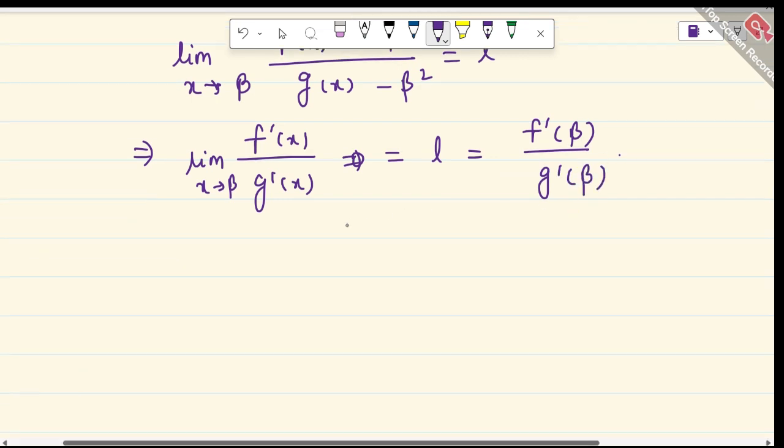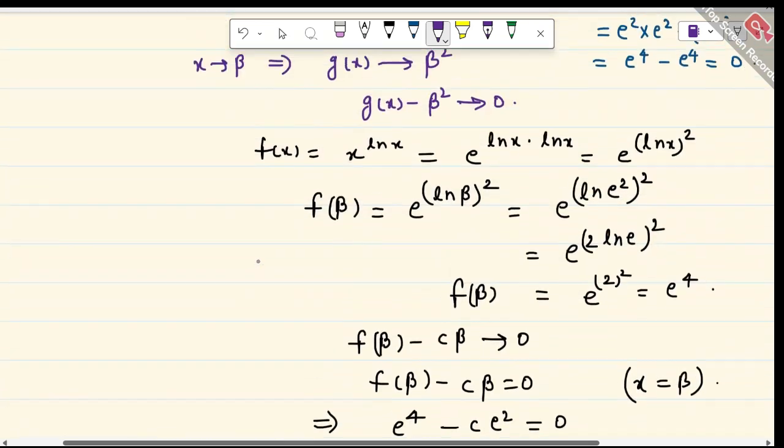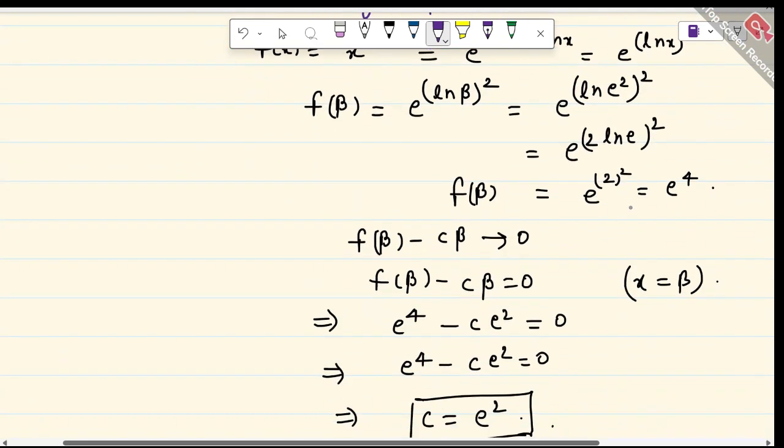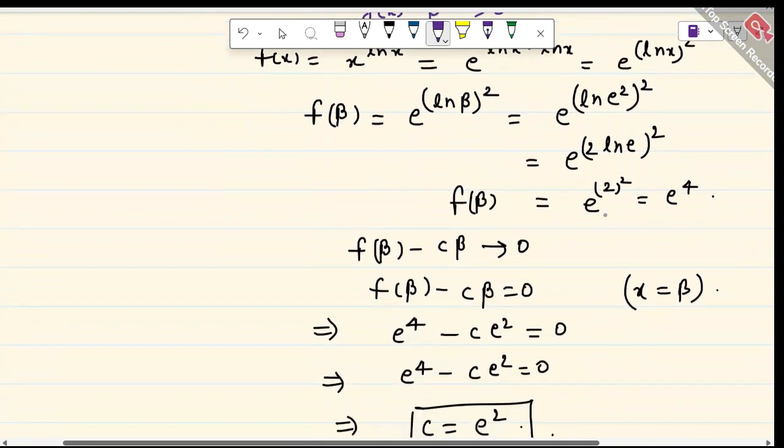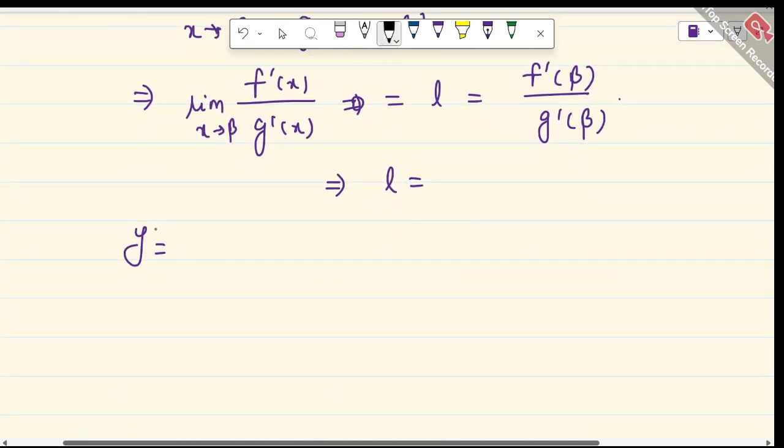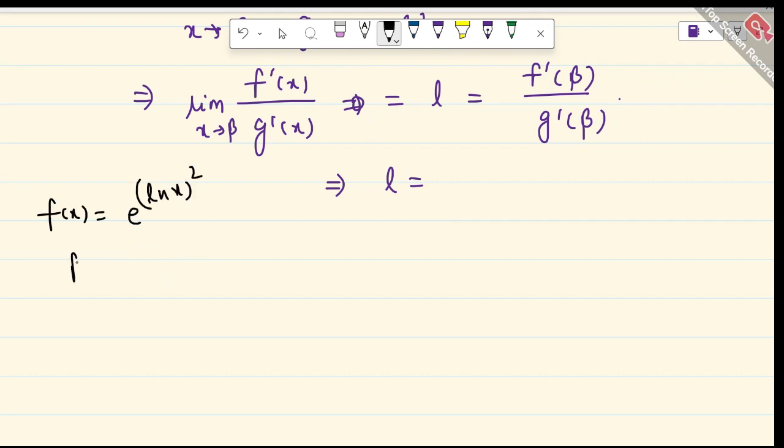Now the value of f dash beta: we have seen that f(x) is equal to e raised to the power (natural log of x) square. So f dash x is equal to e raised to the power (natural log of x) square, times 2 times natural log of x, and the derivative of natural log of x is 1 over x.